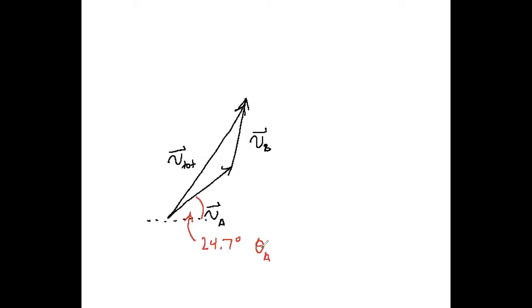They call it theta, but we're going to call it theta A. Okay, and then they tell us that this angle in here is 26.5 degrees. Okay, and then this one is 23.0.